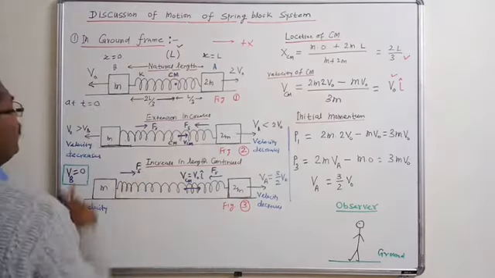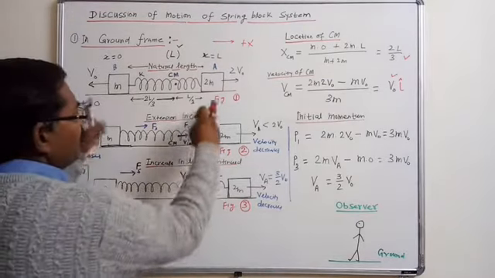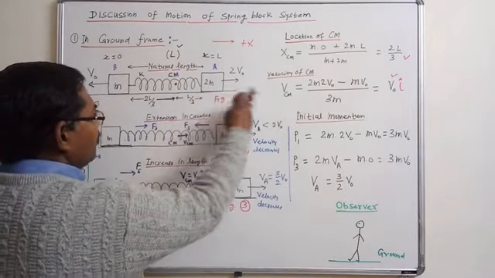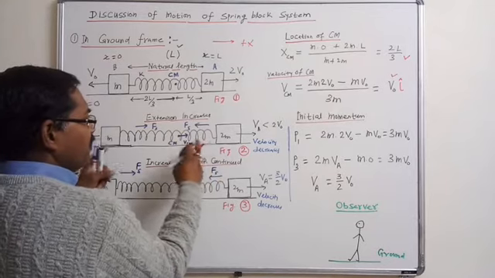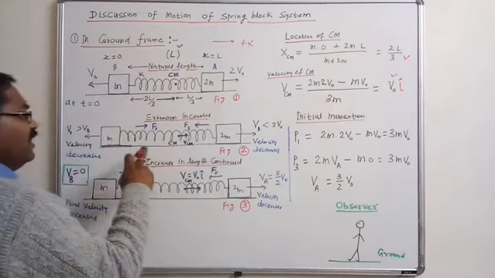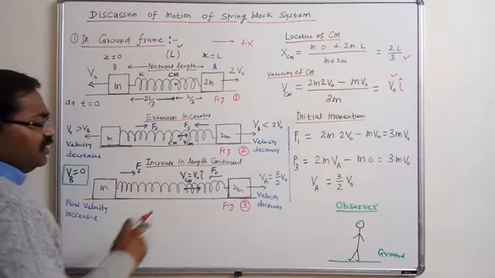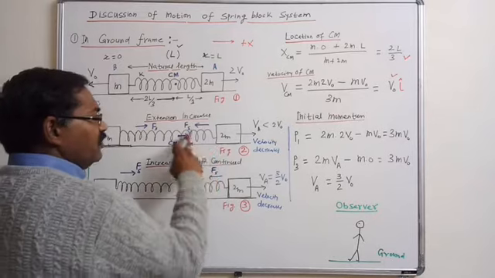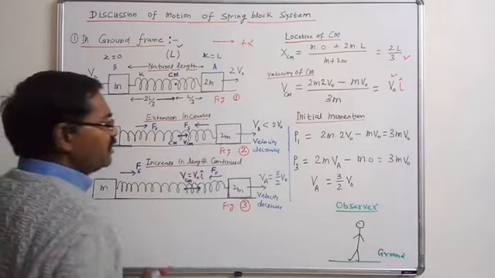Now I am going to the second figure. After this figure, when blocks are moving in opposite direction, spring force generates, because due to extension there is an increase in length, this force will be there, and direction of spring force will be like this and this. Therefore velocity of this block decreases because force is in opposite direction.